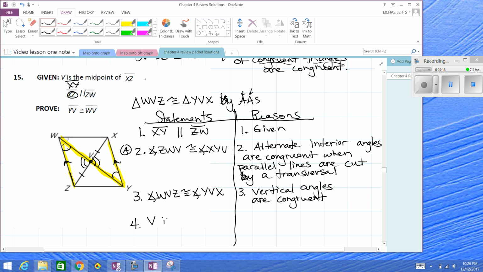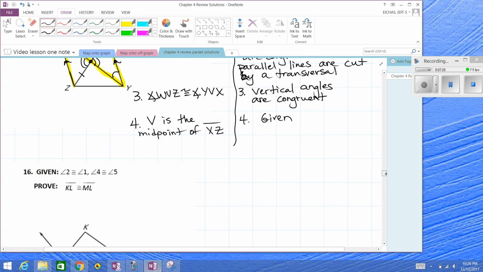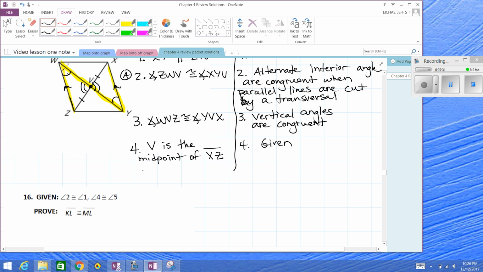So V is the midpoint of XZ. Okay, and that was given. Now we can use that to get the sides. XV, or it doesn't matter. So 5 is ZV congruent to XV, and that's by definition of midpoint.